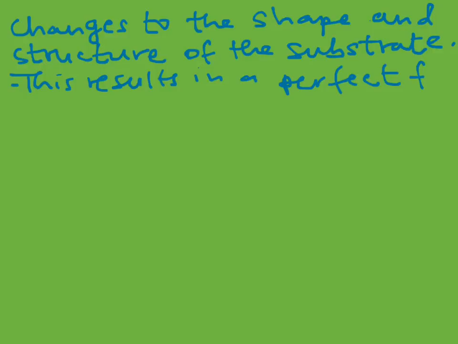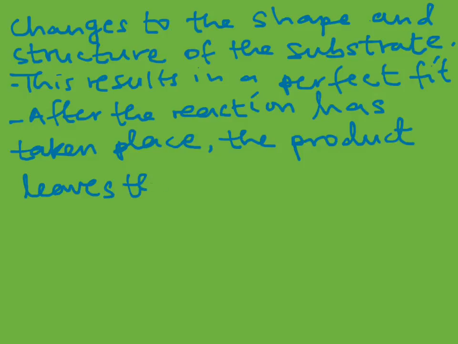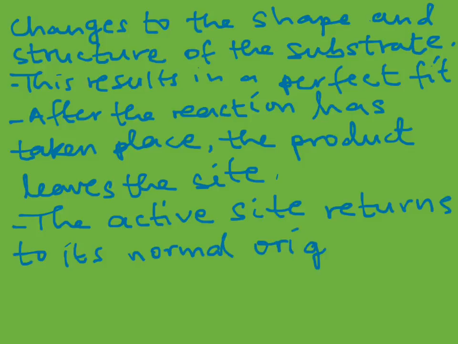This results in a perfect fit, because as the substrate was approaching the active site of the enzyme, the site had to change its shape and structure to look similar to that of the substrate, so that a perfect fit can occur, so that it can bind exactly to that active site.